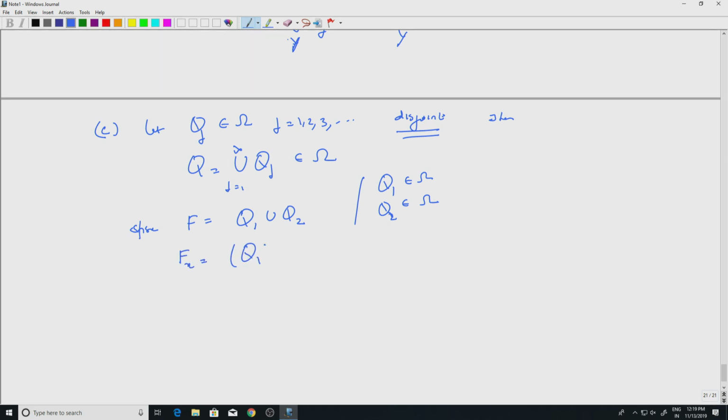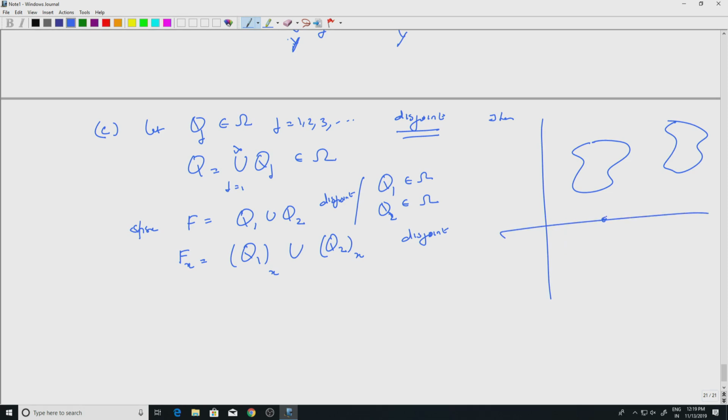This is Q1 sub x, so you can check these things, Q2 sub x. So we have done this before. So sections of F are sections of Q1 and Q2 put together, but this is a disjoint union, and so the sections are also disjoint. Okay, that is very easy to see. If you look at some set like this and some other set like this, the sections are going to be disjoint, right. So this section and this section are disjoint.